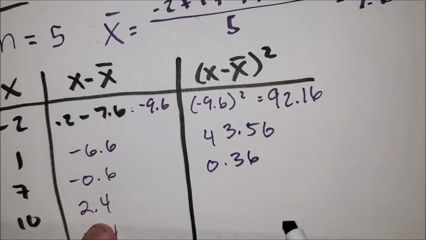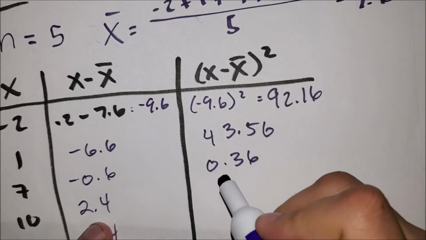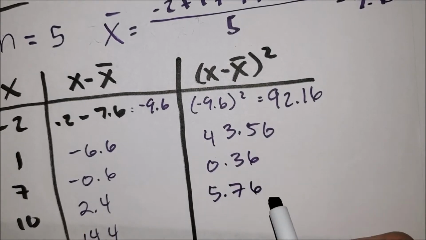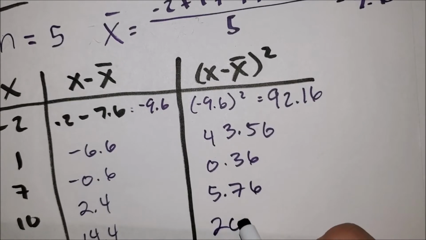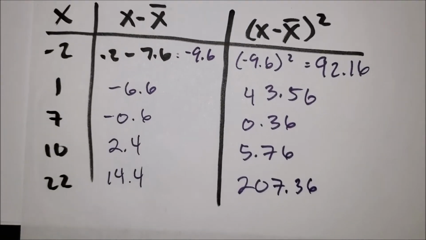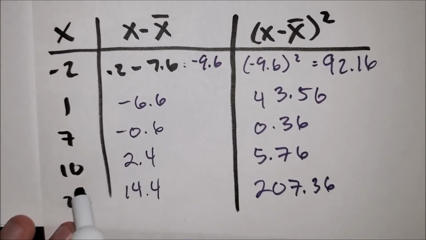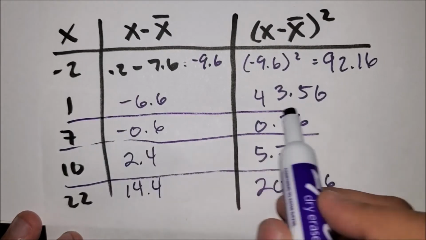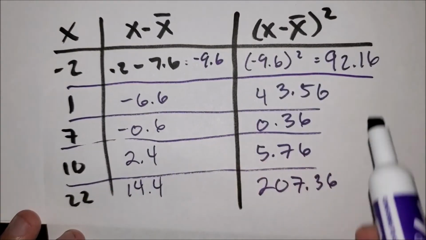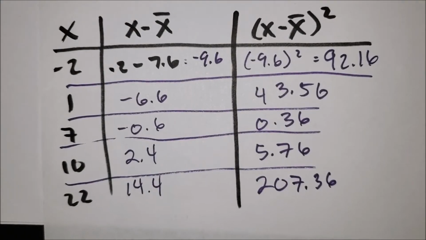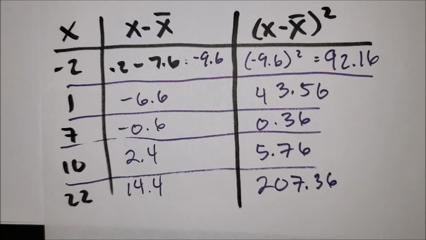Squaring 2.4 gives you 5.76. And squaring 14.4 gives 207.36. So each of these data values line up across, as you can see. And those are the first steps for calculating your standard deviation.